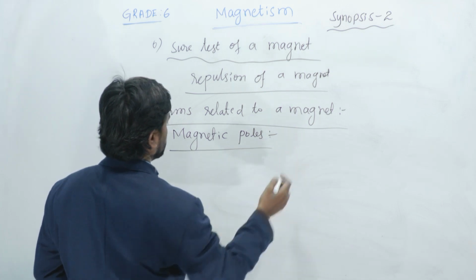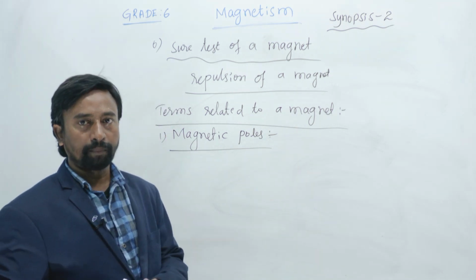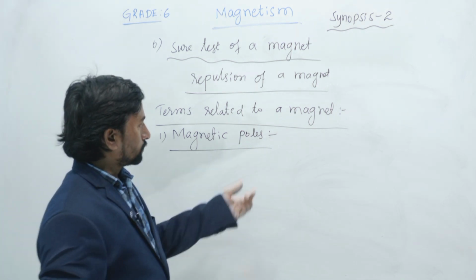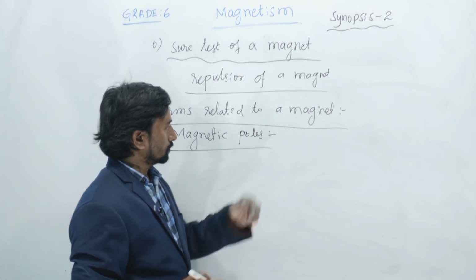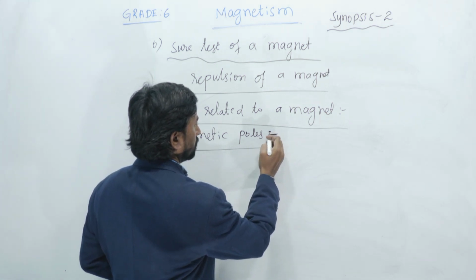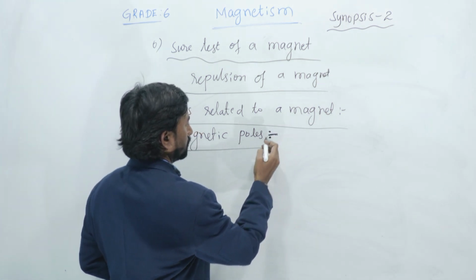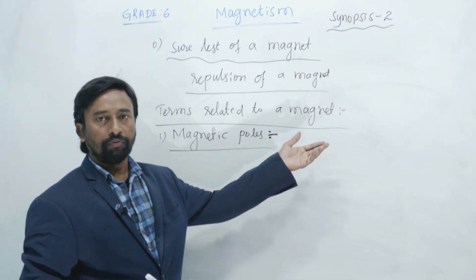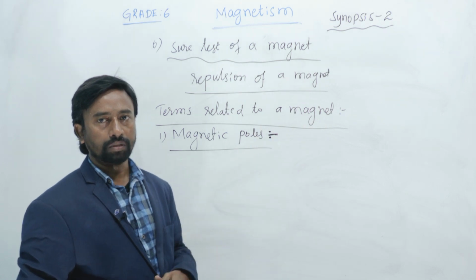In the property we have seen a pair of poles. Magnetic poles: for the bar magnet we have two types of poles, north pole and south pole.